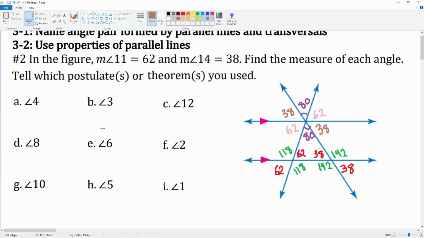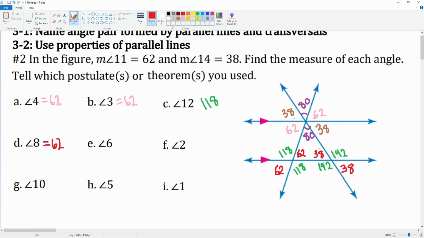Okay, so we can now look at the angles and see where they fit here. In the angle 4 spot, that looks like that is equal to 62 degrees. In the angle 3 spot, that also looks like 62 degrees because of vertical angles. The angle 12 spot looks like that is 118, and we got that from linear pair. Then angle 8, it is 62 because we got that from vertical angles.